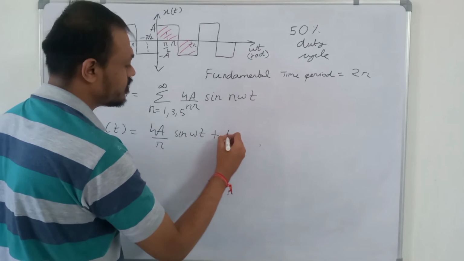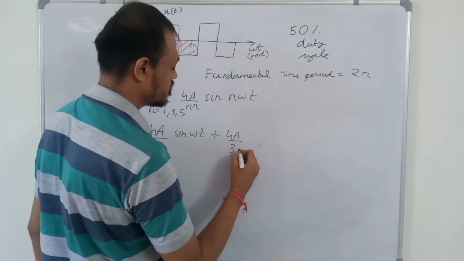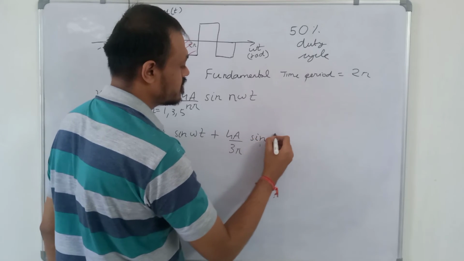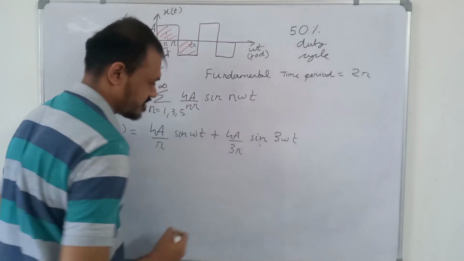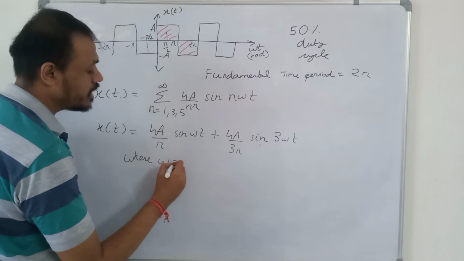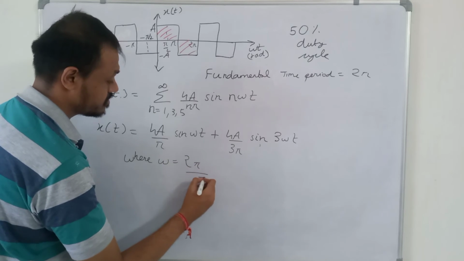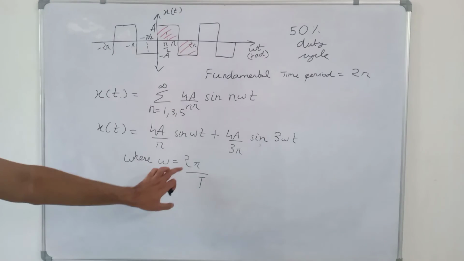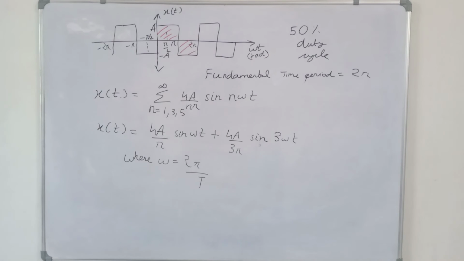For n is 3, 4a upon 3 pi sine of 3 omega t, where omega value is equal to 2 pi upon T. So if we are given the time period, then we can find the value of omega as well. T is the fundamental time period and omega is the fundamental frequency. So based on the value of T, we can find the fundamental frequency as well.